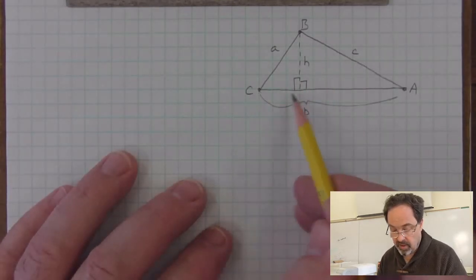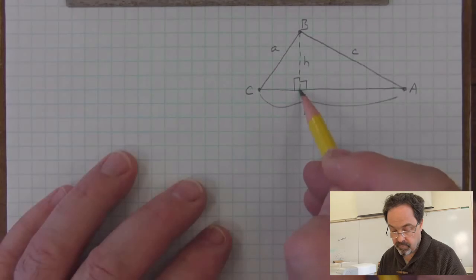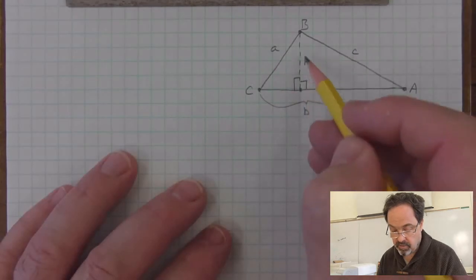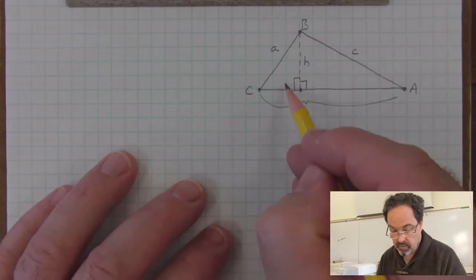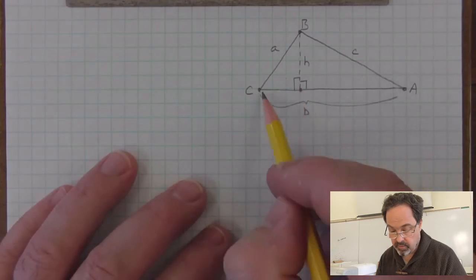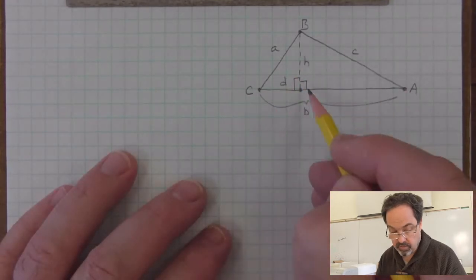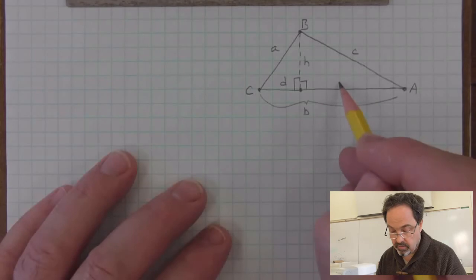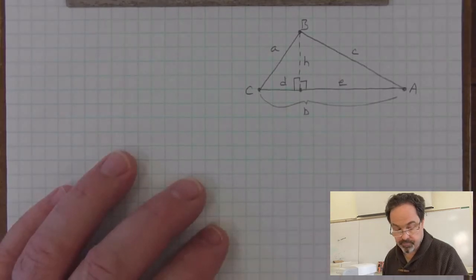And side B, since it was intersected with the height, I will then distinguish between the two line segments that were created as D and E.